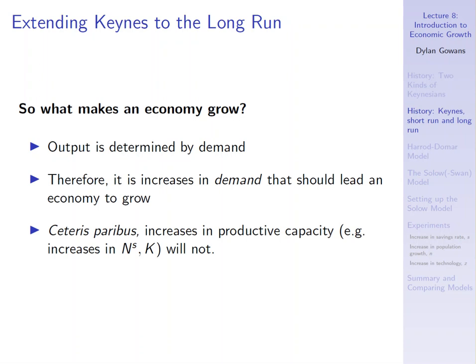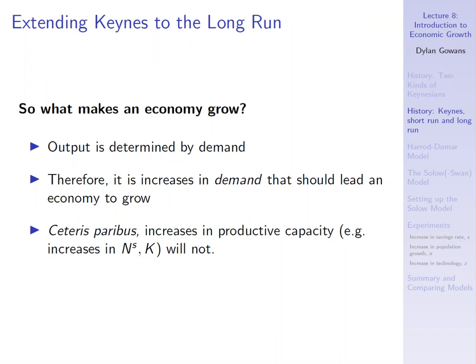Ceteris paribus, or all else equal, increases in productive capacity, i.e. our ability to produce stuff, will not increase output. Why? Well, imagine that suddenly our capital stock is doubled, for example, or suddenly the amount of workers available to work is doubled. That doesn't necessarily increase demand for goods and services.